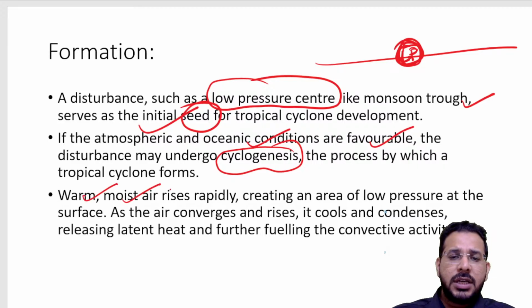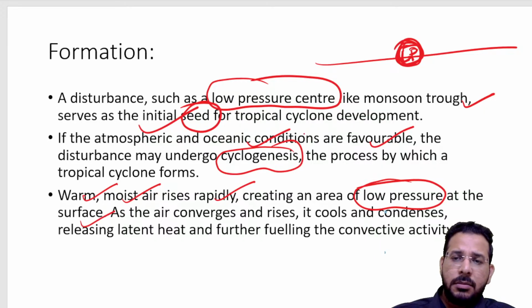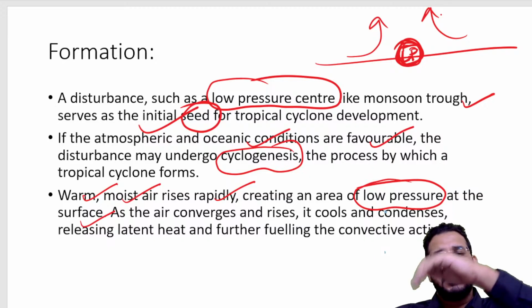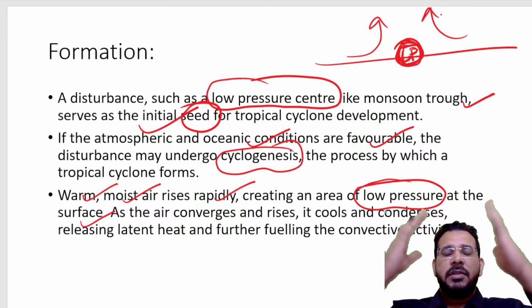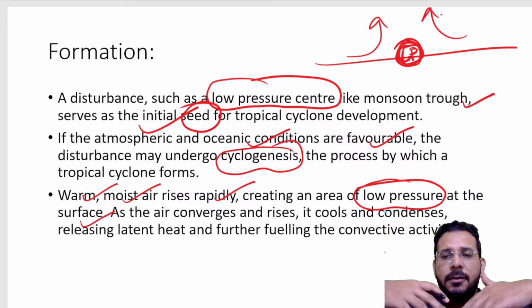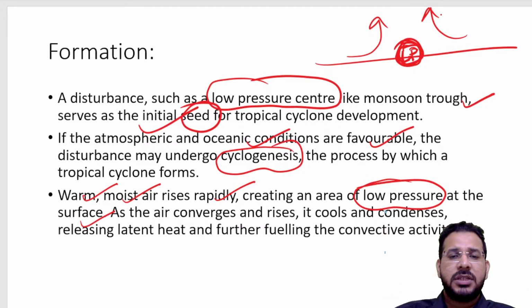When warm moist air is rising rapidly, it creates low pressure at the surface. When air rises, it will create low pressure. When air sinks down, it will create high pressure. So when air is rising with high speeds, there is extreme low pressure getting created.